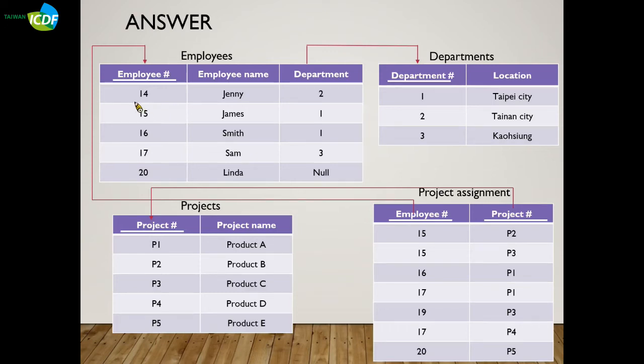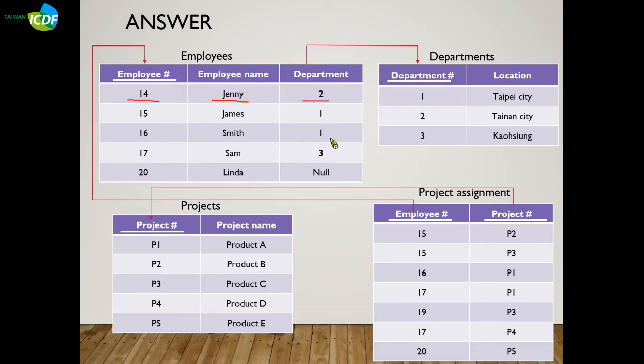First, let's look at these tuples. Employee number 14. She is Jenny and works in department number 2. So far, the information we received is just limited to these tables.